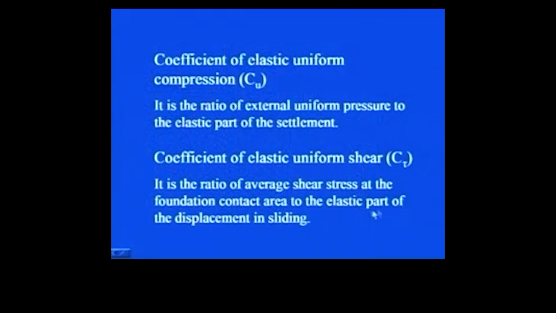So if it is subjected to translation along the x or y axis, this equivalent soil spring stiffness is defined as the coefficient of elastic uniform shear, which is the ratio of the average shear stress generated at the foundation contact area to the elastic part of the displacement in sliding. In the above case, it was the elastic part of the settlement, a vertical compression. However, in this case it is the displacement in sliding.